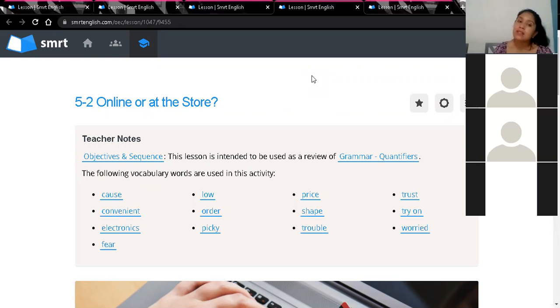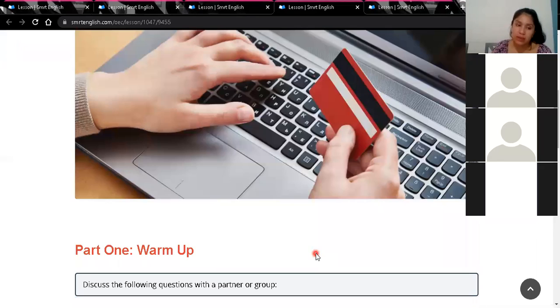This lesson is intended to be used as a review of grammar quantifiers, and the following vocabulary words are used in this activity: cost, convenient, electronics, fear, low, order, picky, price, shape, trouble, trust, try on, and worry. These are the vocabulary words that we're going to be using in this activity.